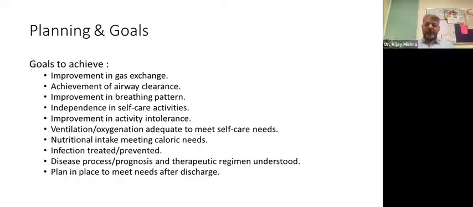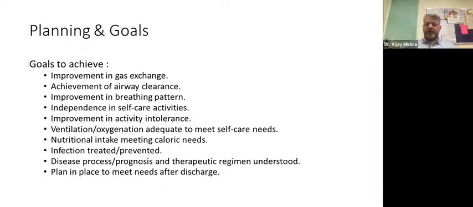So once you have done your nursing assessment, you have come to the diagnosis. Then we set a few of our goals. What are our goals in this case? And how do you plan to reach them? The goals to achieve: yes, we want to improve the gas exchange. We want better oxygen. We want lesser carbon dioxide or normal carbon dioxide.